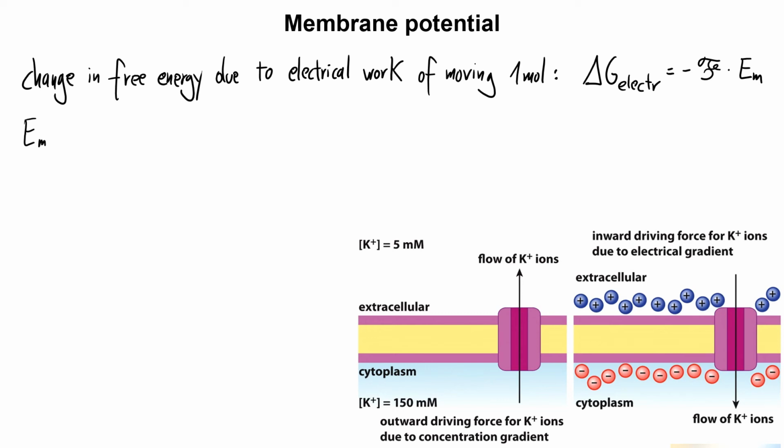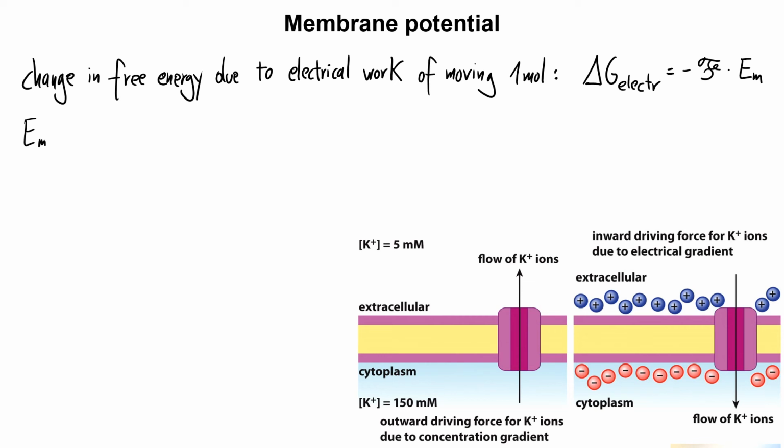Okay, so that membrane potential, what value does it have? Let's think about it. Outside of the cell is an excess of positive charge. That means it's a high potential in terms of electric potentials. And on the inside is an excess of negative charge.